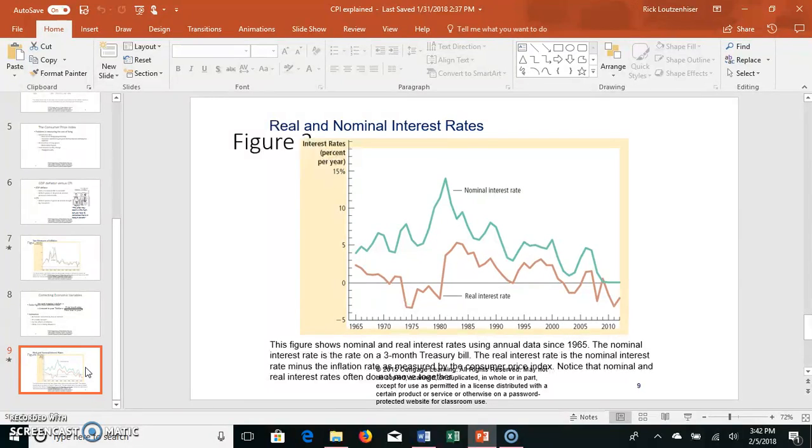So you're actually winning a little bit on the loan, and the bank is losing. So when the bank lends you money, they're predicting what the inflation rate will be, and if the inflation rate is higher than what they predicted, they're losing out on that particular loan, and you're making out on that loan.